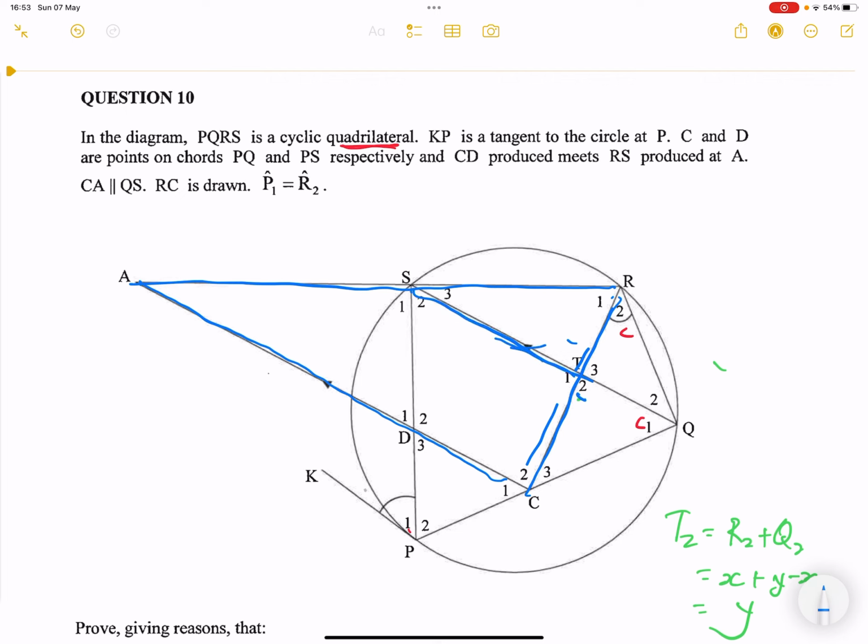And what do we know? We know that if a line is parallel to the third side of a triangle, then it breaks the other sides in proportion.